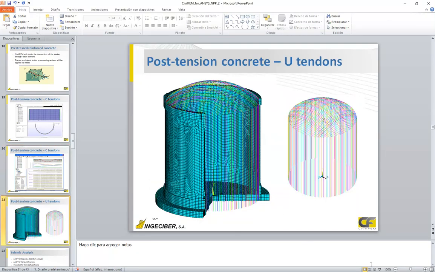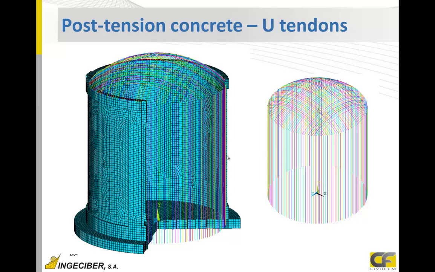The other way to generate tendons is through lines. With that other tool, just capturing cross sections, I've defined circumferential tendons in all the walls. There is another family of tendons, the U tendons, which grow from one bottom of the slab through all the roof and just go down to the other side.